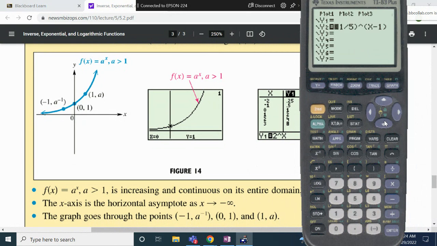And I'm going to just clear out those functions. So for y sub 1, I'm going to put in 2 raised to the power of x. And I'm going to hit zoom 6 to graph.